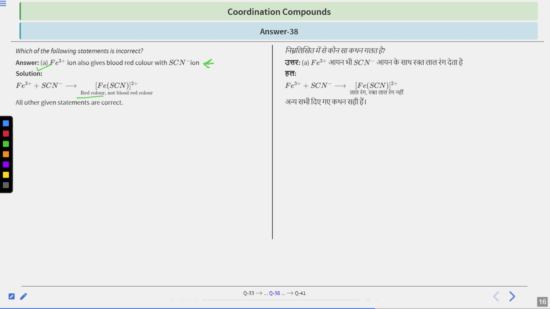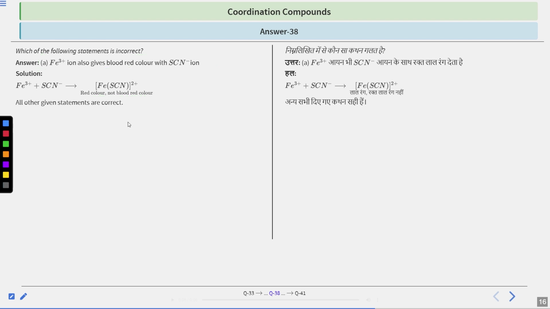It is red in color, not blood red, right? That's why the option A statement is incorrect, and all the other given statements are correct. And we have to find the incorrect statement. That is why option A is the correct answer.